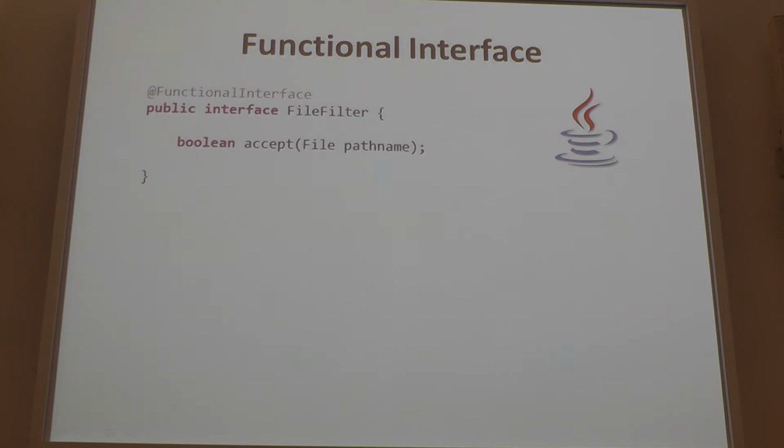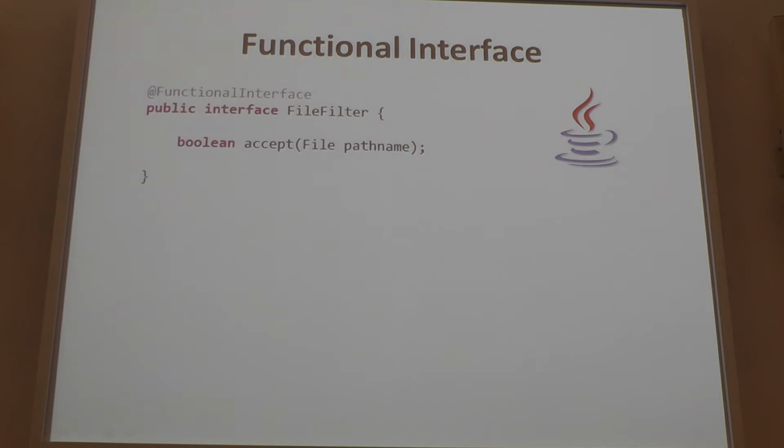We'll look at an example of a functional interface. It's an interface called FileFilter, and it has one method that takes a java.io.File and returns a boolean. This interface is defined in the standard JDK in the java.io package, and it's not new in Java 8. I think it's from Java 1.